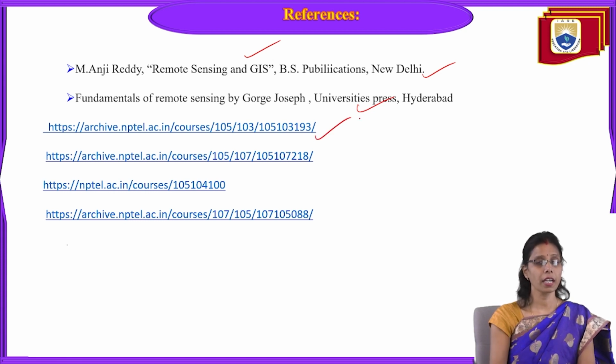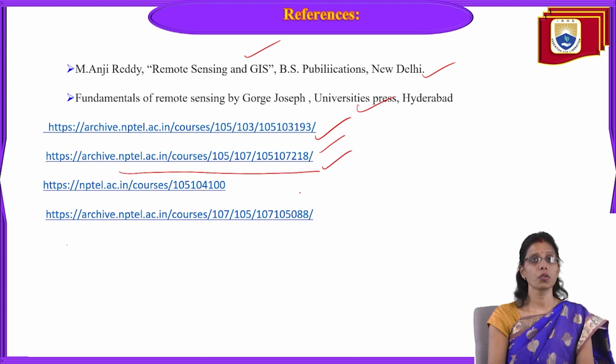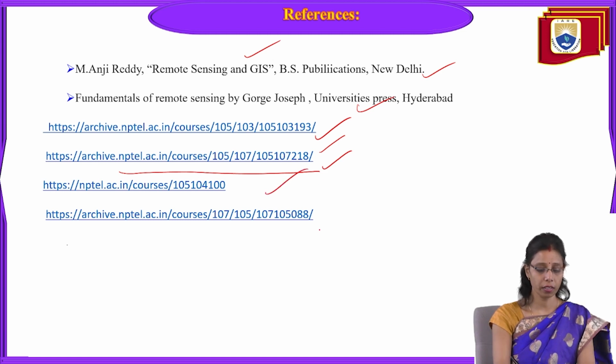And there are different NPTEL courses from where we can find the content. Some more content we have from nptel.ac.in. If you want to know more information, you can visit the sites to get information about this stereoscopic parallax. So that's all for today.